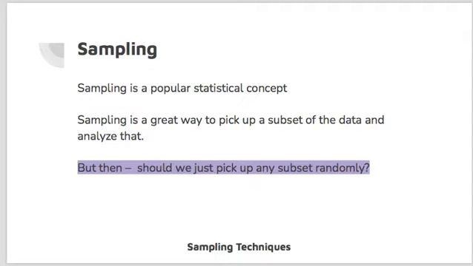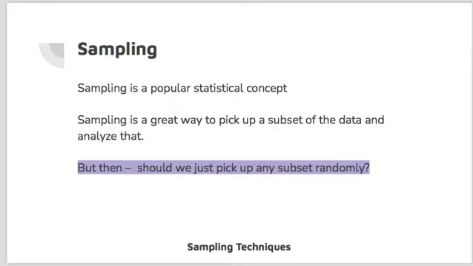A sample has to be taken as a good representation of the entire data set. That is known as sampling. We have come across this in many experiences, like in our school days and university days. Sampling is a great way to pick up a subset of the data and analyze that.